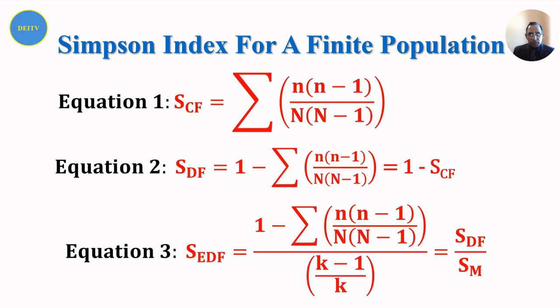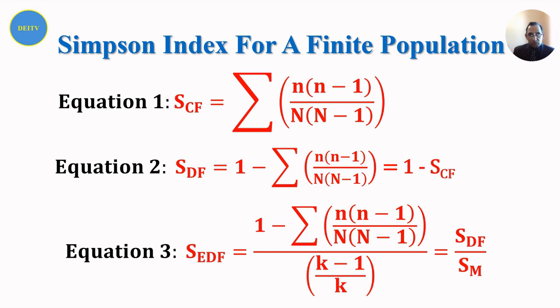So to calculate the concentration index for a finite population, it's going to be n, which is the small n, which represents the frequency of the group, times the frequency of the group minus 1. You divide that by the total number of individuals times the total number of individuals minus 1. So you sum that up, and that gives you the coefficient of concentration.